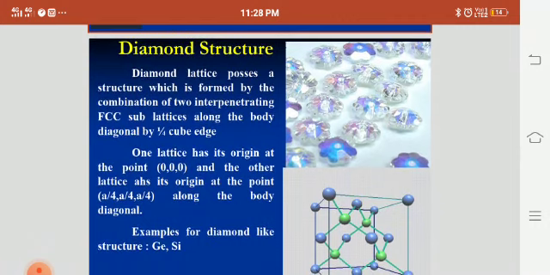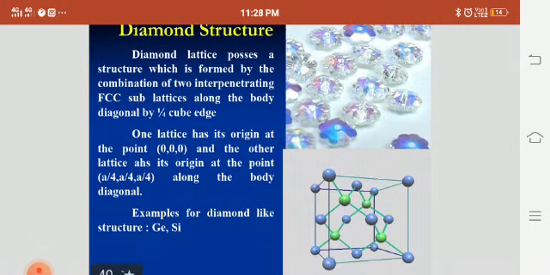Here, one lattice has the origin at the point 0, 0, 0 and the other has the origin at the point a by 4, a by 4, a by 4, that is 1 by 4 cube edge diagonal connected. Examples of diamond-like structures are germanium and silicon.